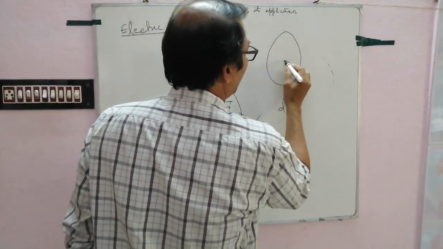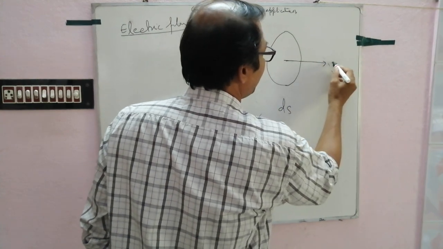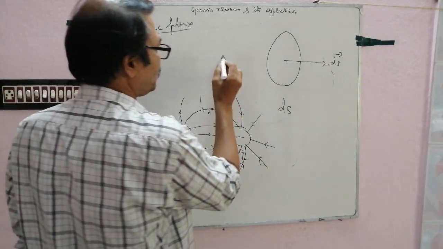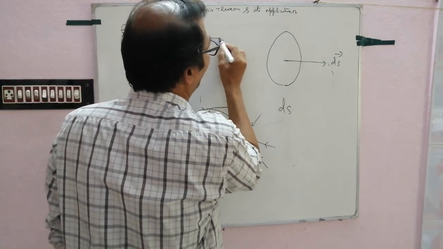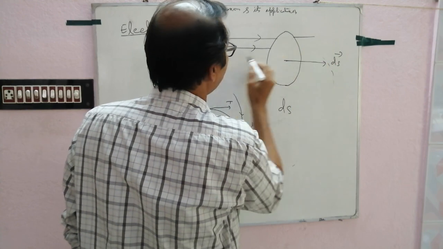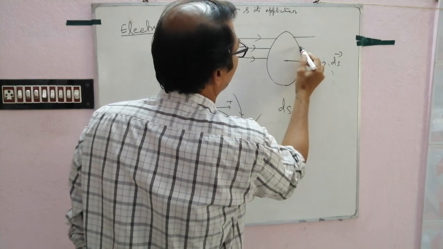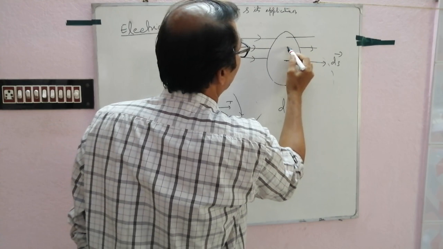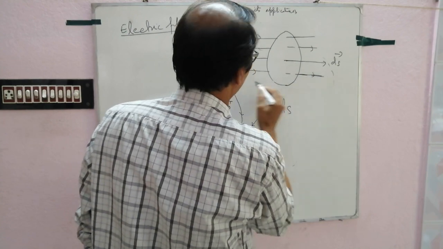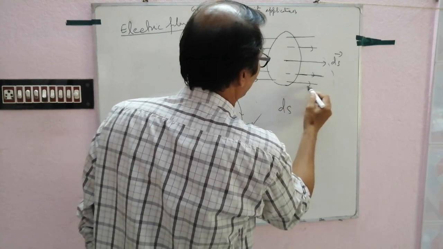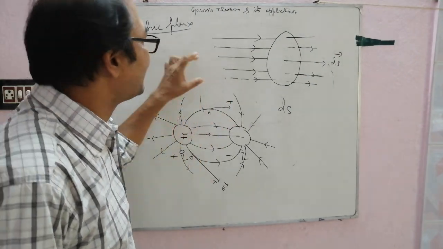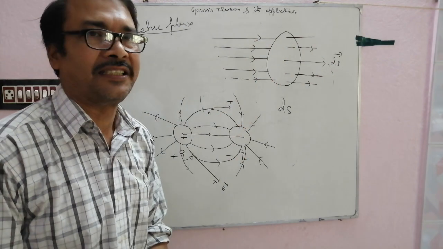So the direction of this area dS is normal to the surface and outward. Here is an electric field. Follow, these are the field lines. Parallel field lines mean the electric field is uniform, and the electric field direction is from this to that.